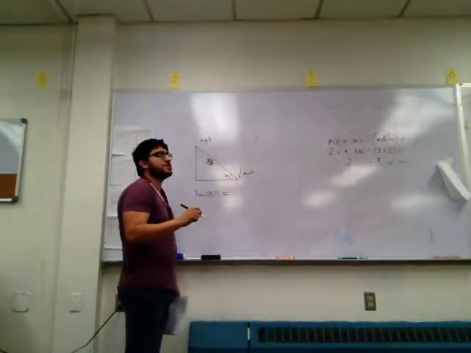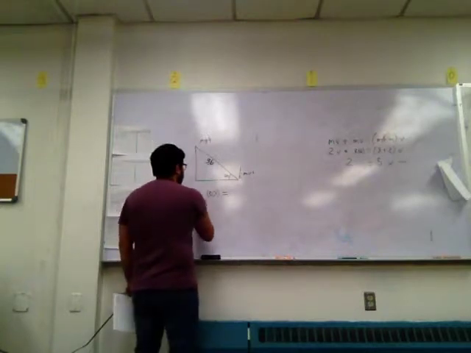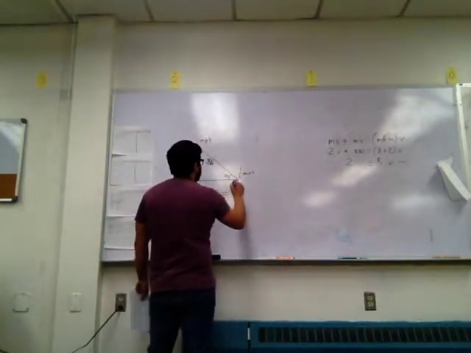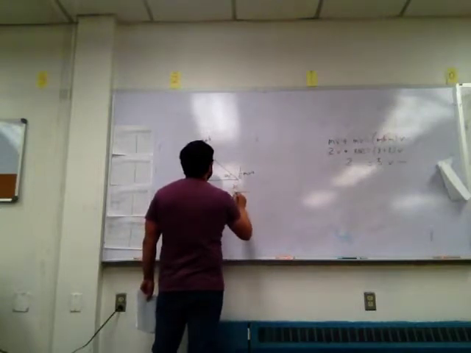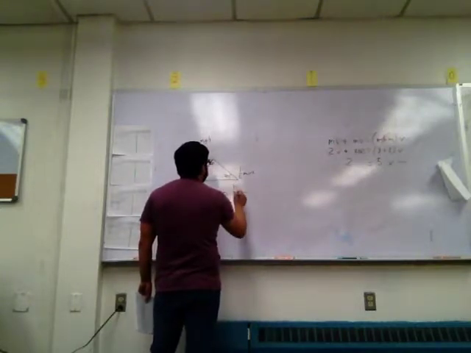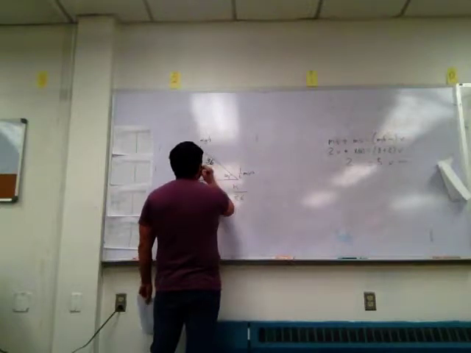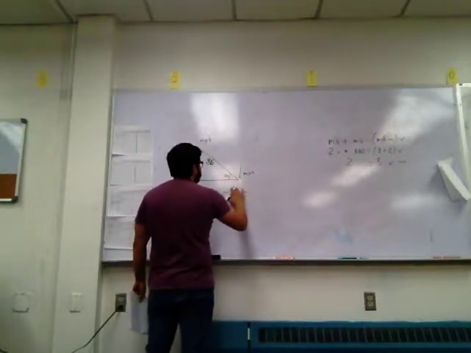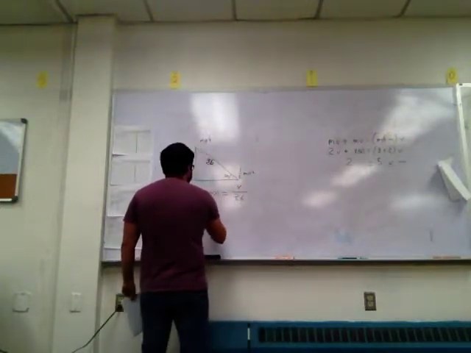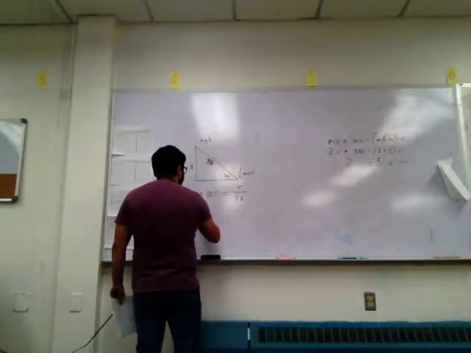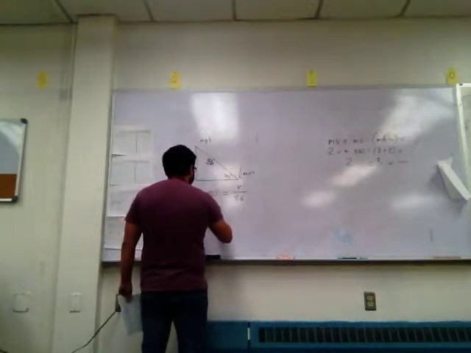Oh no, not this one then. I use sine. Sine, it has to be sine. Sine, which is opposite over hypotenuse, which is 3.6. Maybe I should use x instead. So 3.6 times sine of 30.